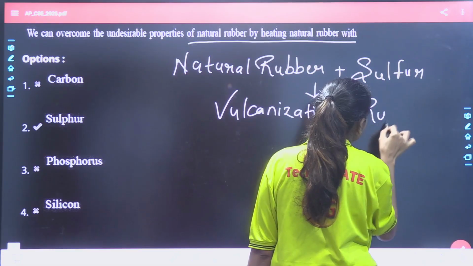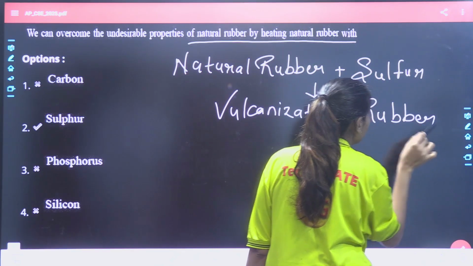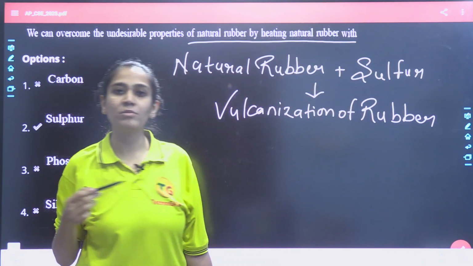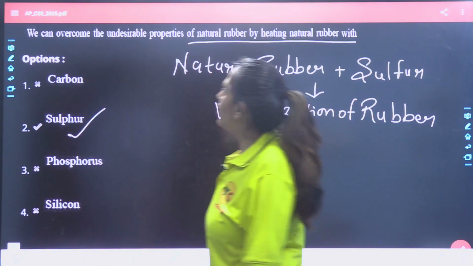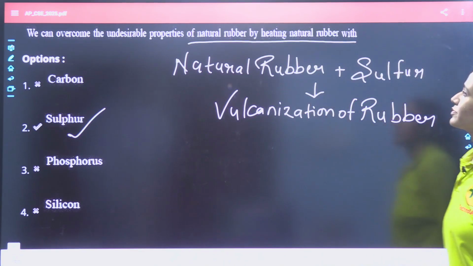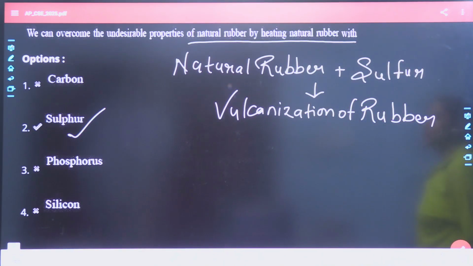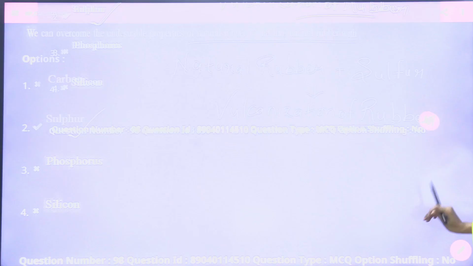As a result, we get rubber with better qualities. So the correct option would be sulfur. Next question.